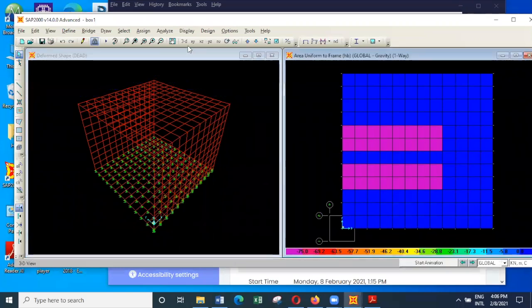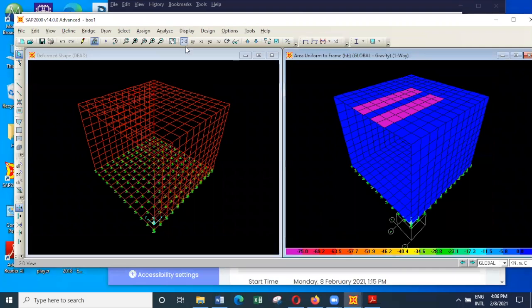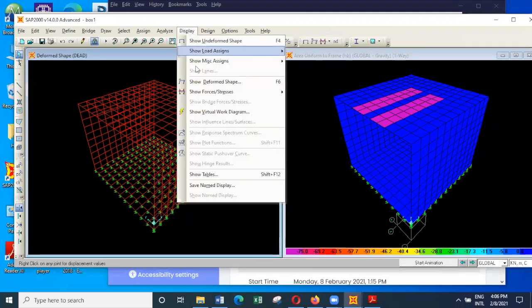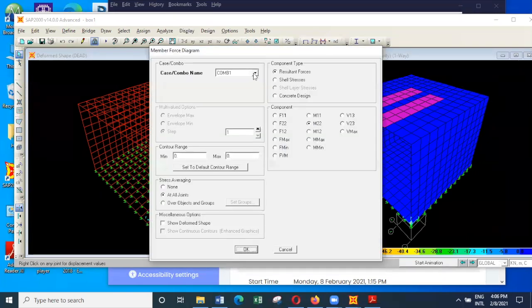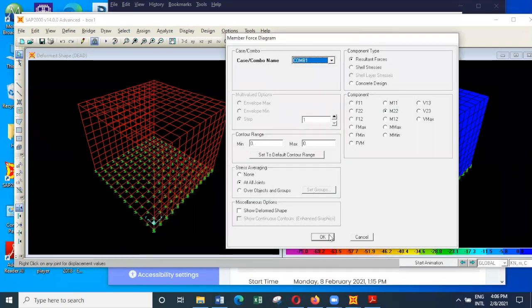Then you will get the results. When you are looking at the results, you have to be careful again. So display. If you want, you can look at combination 1, M11 and M22. Now 1 is in the X direction, 22 is in the other direction. So we say 22.